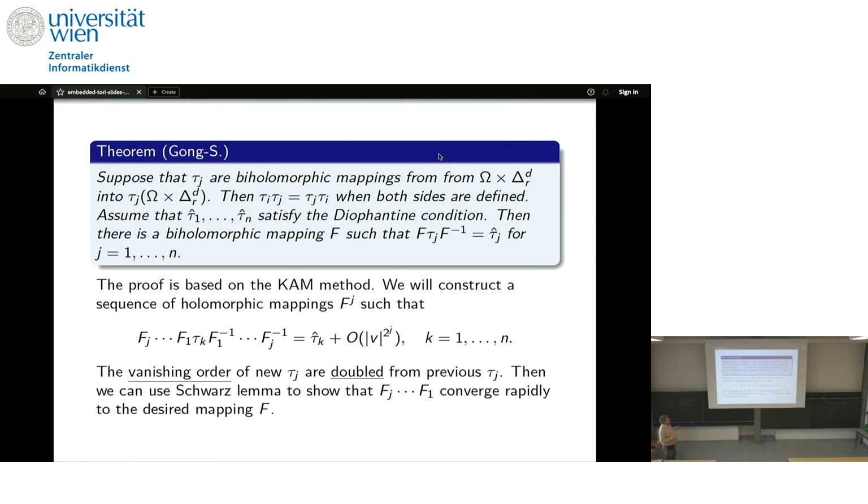Then finally, there exists a biholomorphic map F that will satisfy this. In other words, you have one transformation F that will conjugate simultaneously tau_i to tau_i hat. In other words, you have linearized the deck transformations here, like that.